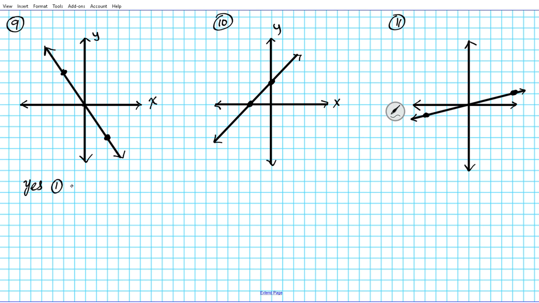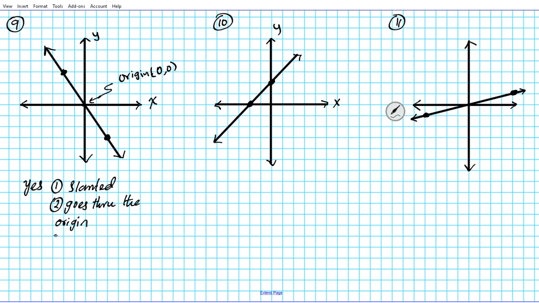First of all, it's slanted. Secondly, it goes through the origin, 0, 0. If you have a slanted line going through the origin, then you know that it's a direct variation.